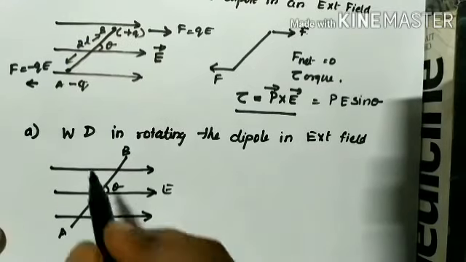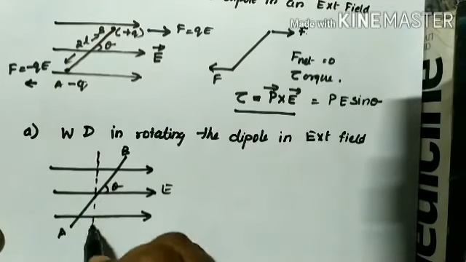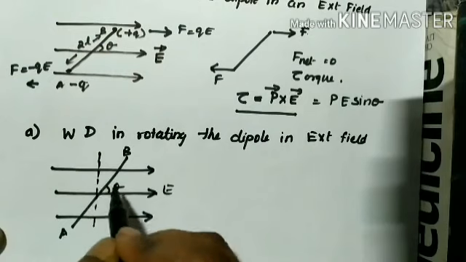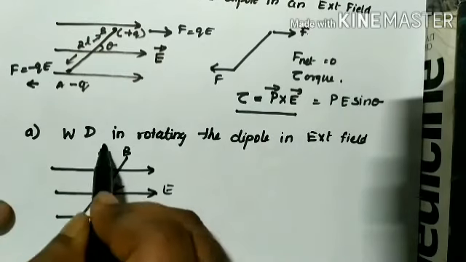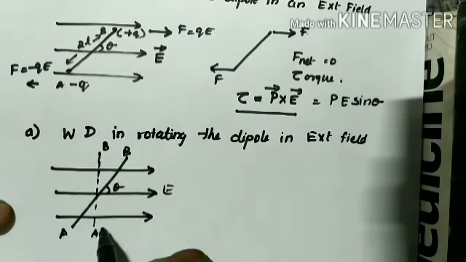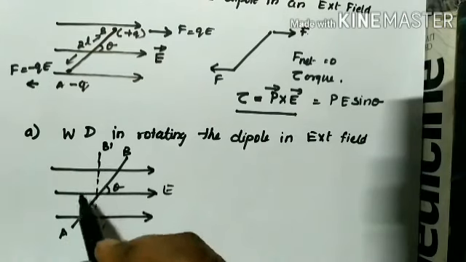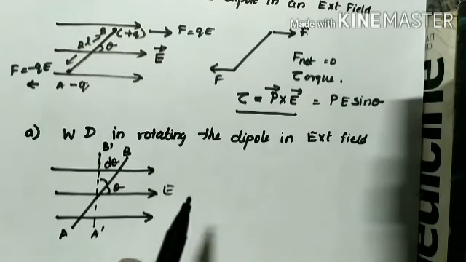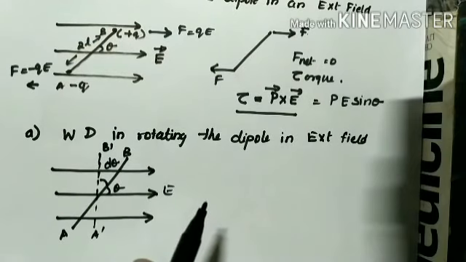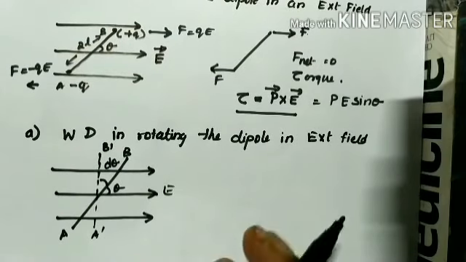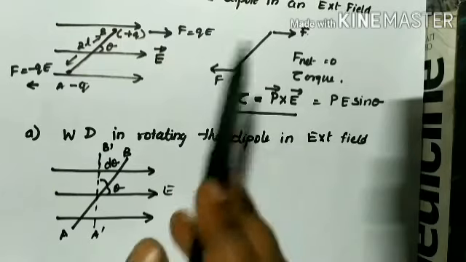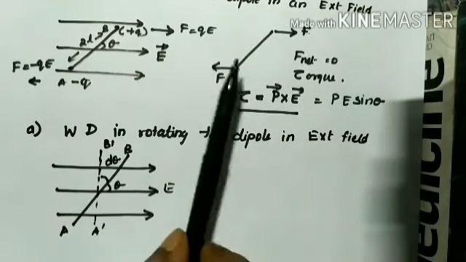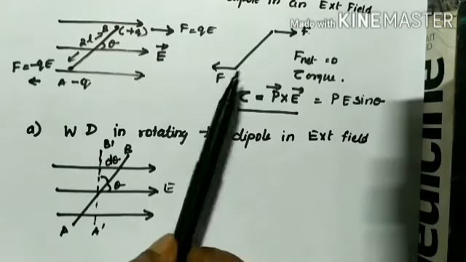Suppose the dipole rotates in such a way that theta increases, that is, it moves in the anti-clockwise direction, so that its new position is A dash and B dash. Suppose it swept an angle of d theta, a slight angle change. If B has moved to B dash, don't you think theta would have increased? Yes, the angle would have increased.